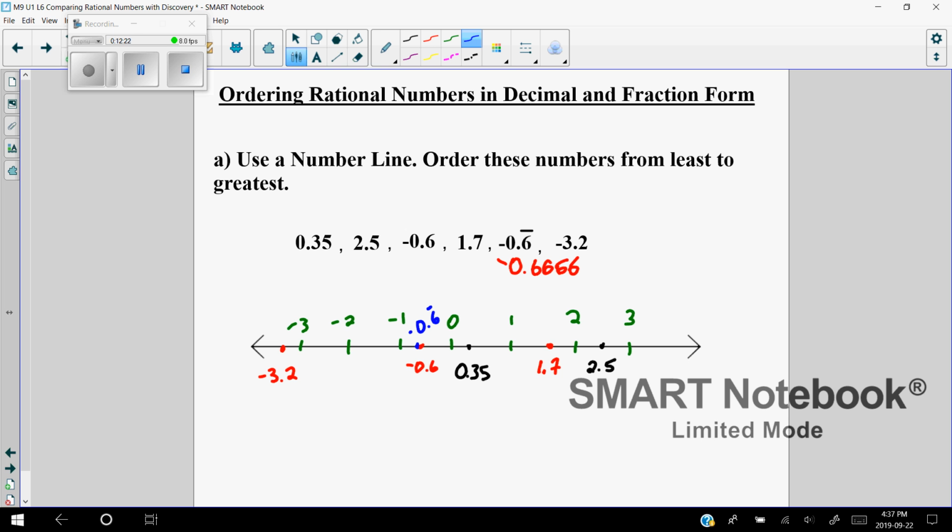Okay, so now I can list them from least to greatest. Negative 3.2 comes first, then negative 0.6 repeating, then negative 0.6, then 0.35, then 1.7, and then 2.5.